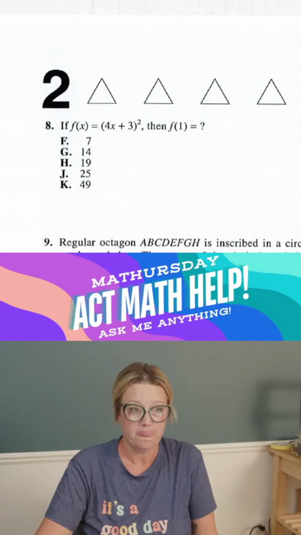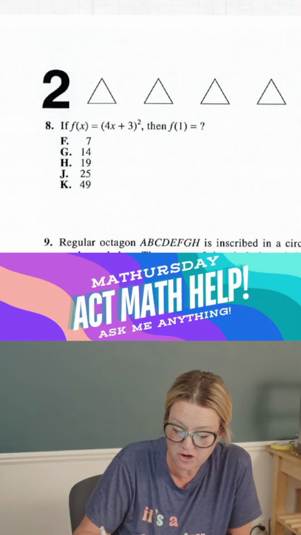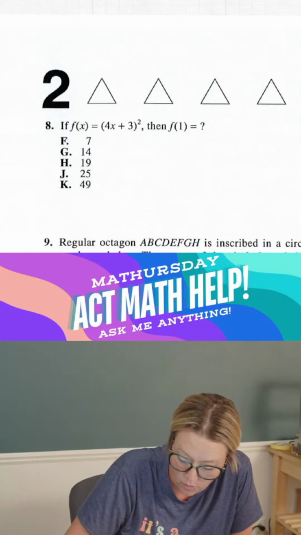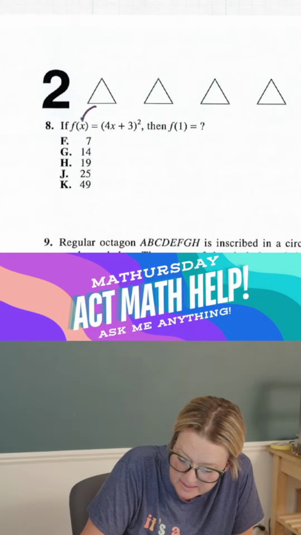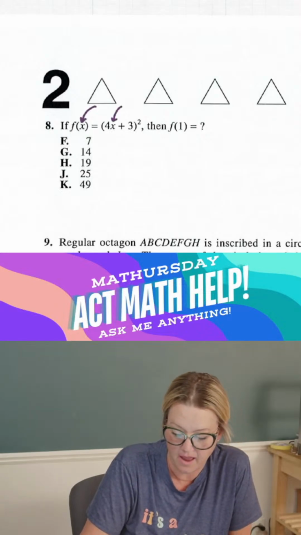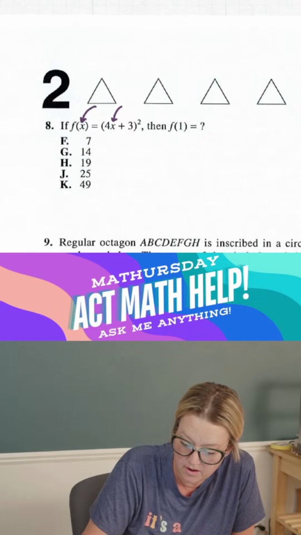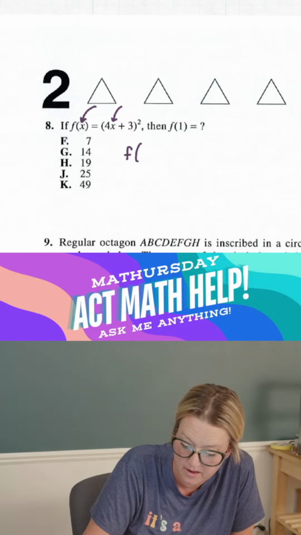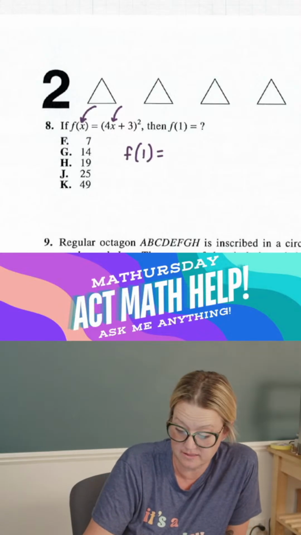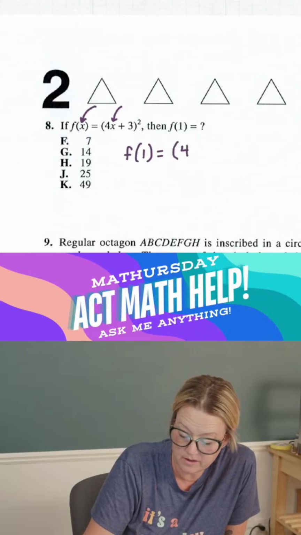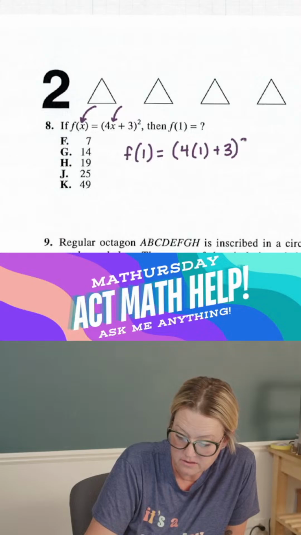So yeah, function notation, what it does is whatever is in these parentheses here is what goes here. So this one's f of 1, so I'm going to replace all of my x's with 1s. So it's 4 times 1 plus 3 squared.